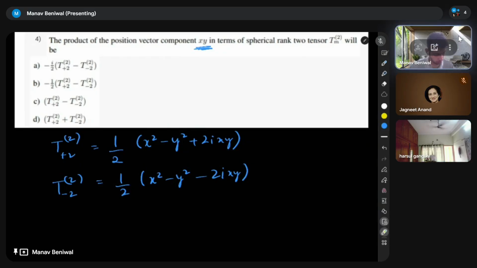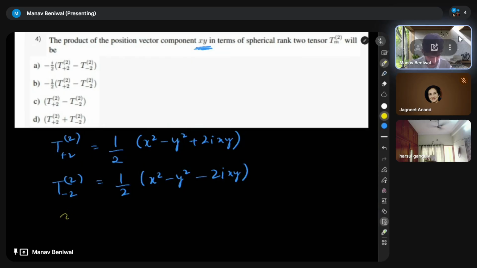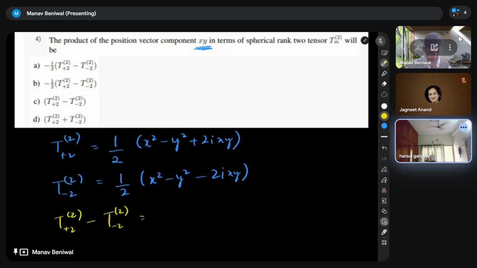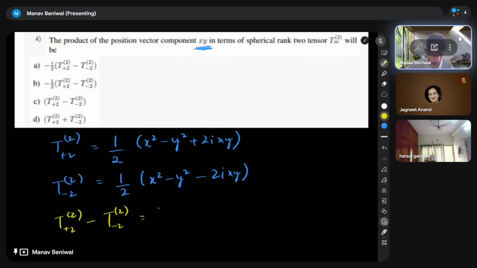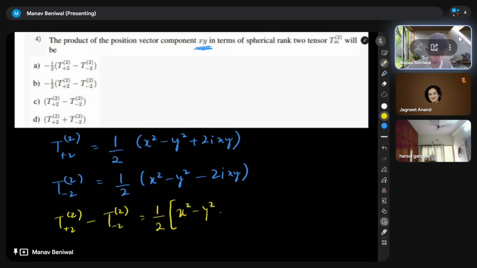So let's do a subtraction. Upon subtracting, we'll have T plus 2 minus T minus 2. So this will be half of x squared minus y squared plus 2 iota xy, and then minus x squared minus y squared, sorry, this will be plus y squared and plus 2 iota xy.